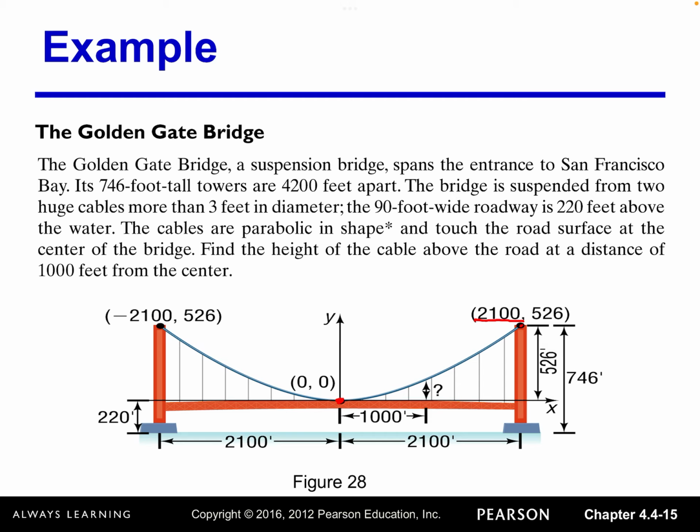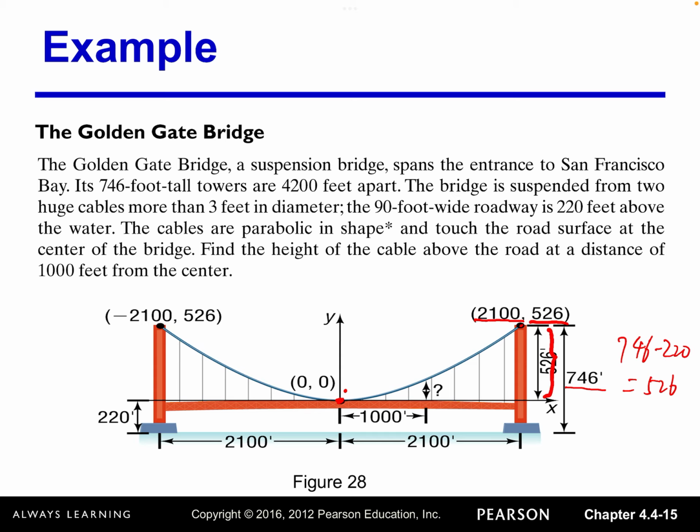So the total height is 746, and the roadway is 220 feet above the water. Okay, so 746 minus 220 gives us 526 feet. So that's the length of this part, 526. That's the reason why the y coordinate of this point is 526.